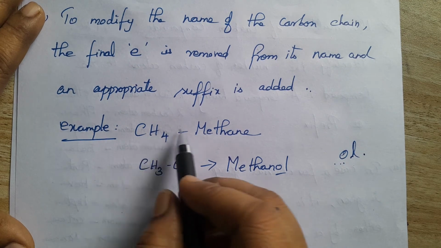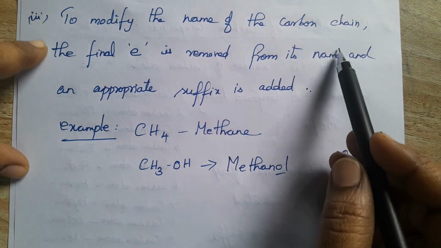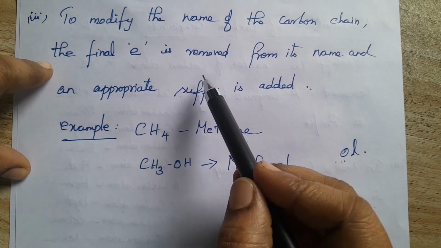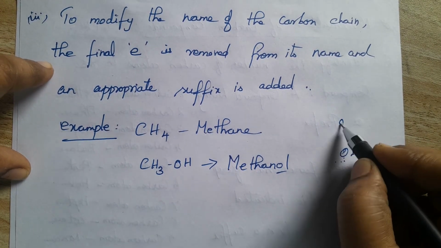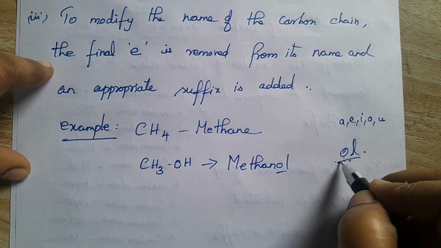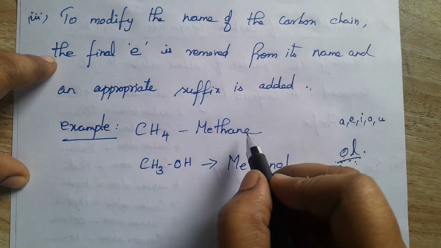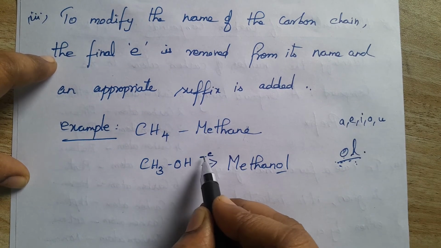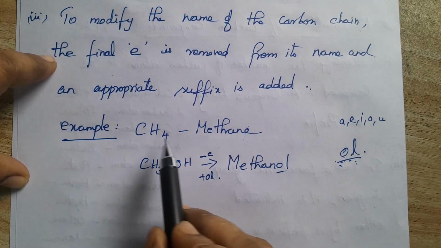Methane, for example. To modify the carbon chain, if we are going to add a functional group that starts with a vowel, A, E, I, O, U, then you have to replace this E. That means we take out this E and add OL.